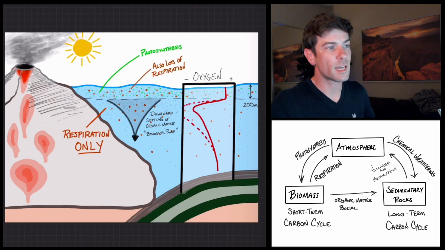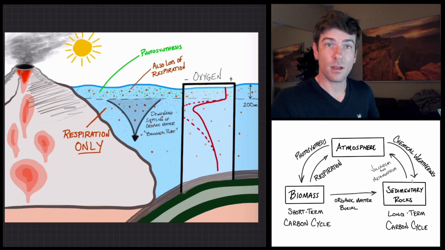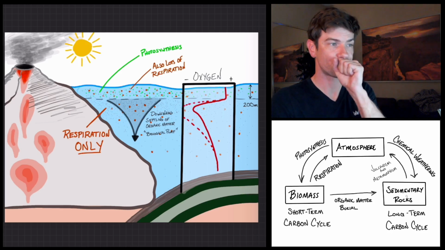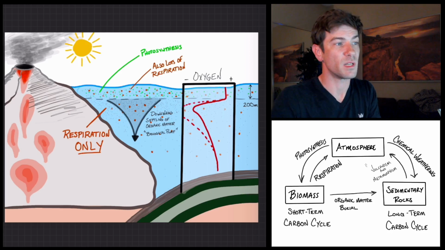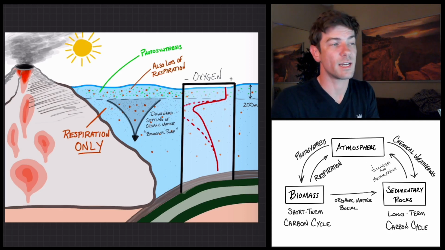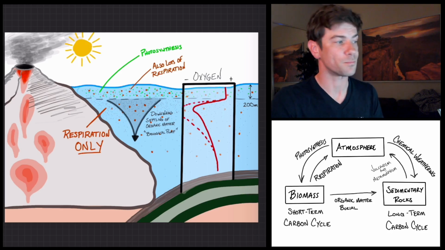And then we have chemical weathering and volcanism, the long-term carbon cycle, which is taking CO2 out of the atmosphere, making carbonic acid, reacting with rocks, forming calcium and bicarbonate, which combine to form limestone and are preserved as sedimentary rock. Those can be weathered, they can be metamorphosed, they can be subducted and volatilized and returned to the atmosphere through any one of those processes as CO2.